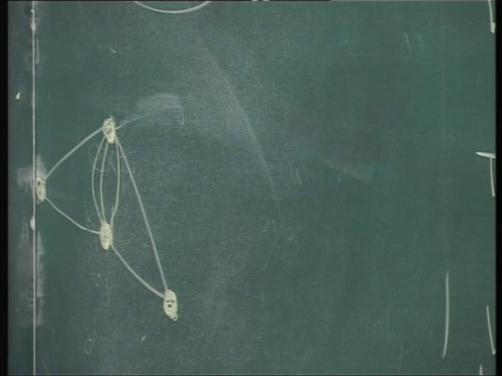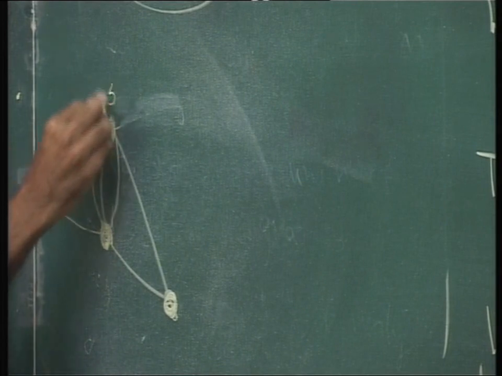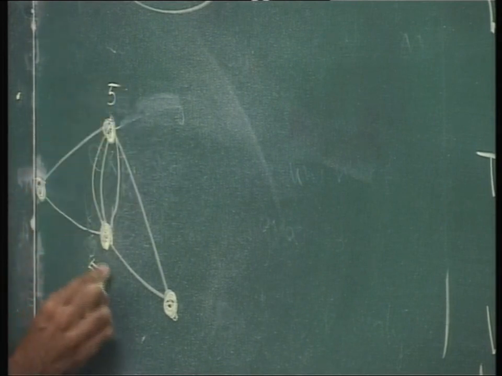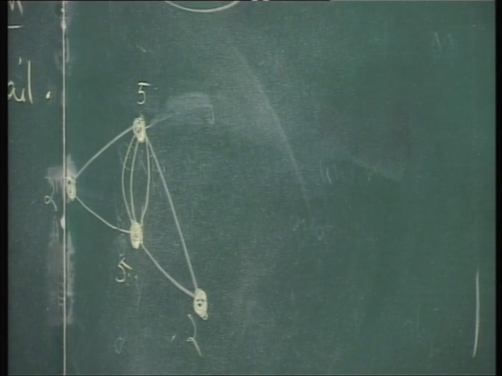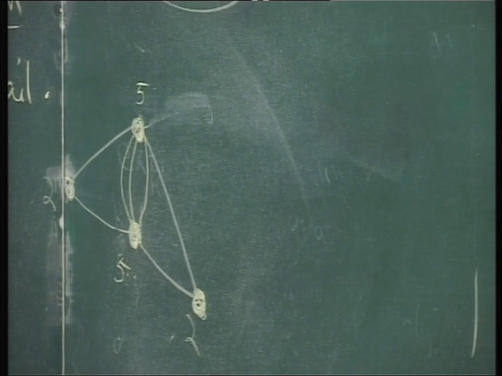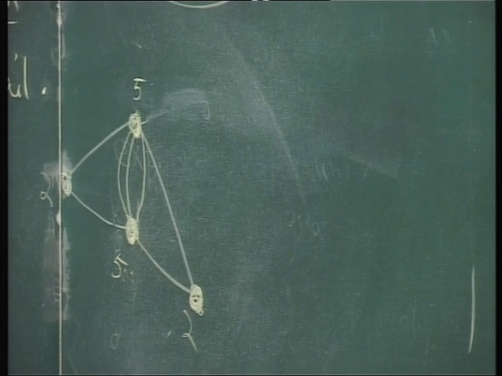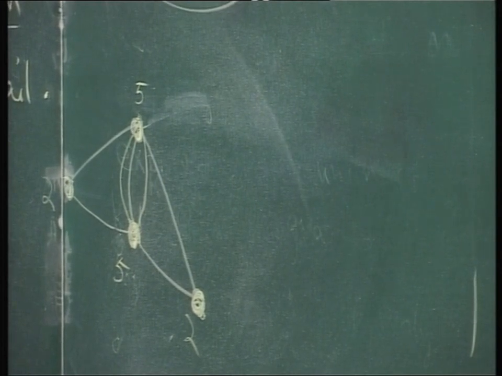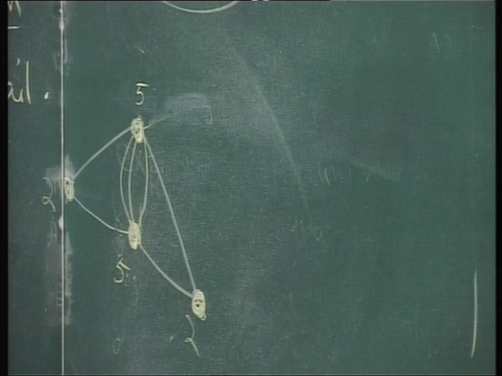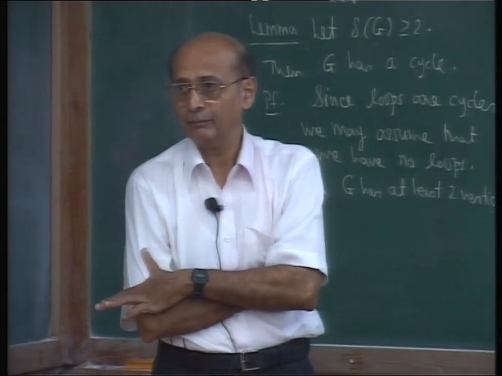So this is a graph on 4 vertices, 7 edges, in which the degree of this vertex is 5, degree of this vertex is 5, that vertex is degree 2 and that vertex is degree 2. Therefore, from what I said, it cannot have an Eulerian circuit. That's exactly what Euler told the king, that you cannot go over each bridge exactly once and come back to the starting point. If you have to traverse each bridge exactly once and come back to the same point where you started, it is not possible to do that.